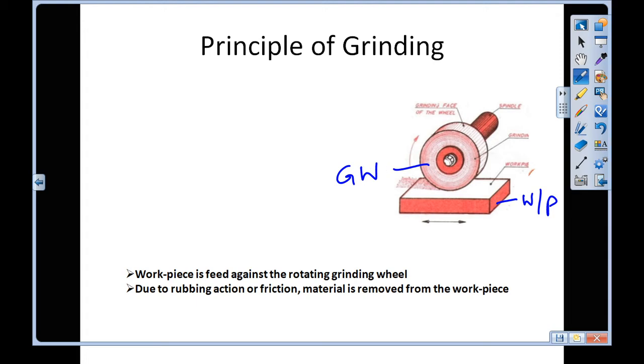The workpiece is fitted on the table below the grinding wheel, and the grinding wheel is rotating about its own axis, maybe horizontal or maybe vertical, and is removing material from the workpiece in the form of small chips. The material is removed due to the rubbing action or friction between the material of the workpiece and the grinding wheel.